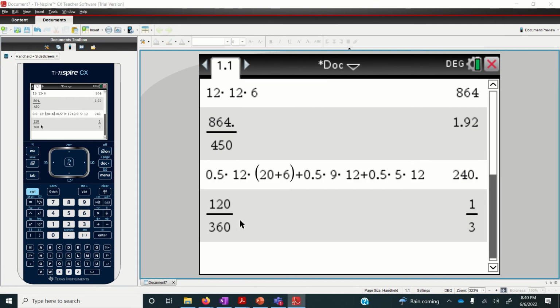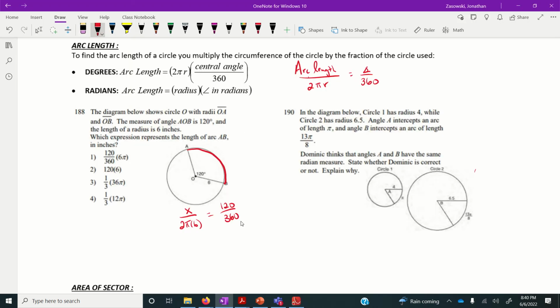So 120 over 360 is just a third. So this is equal to 1/3, and this becomes x over 12 pi. And so if we just cross multiply and solve, we're going to get 3x is equal to 12 pi. So 3 times x, 12 pi times 1, okay? And then we divide by 3 to get x by itself. Ooh, that should be a pi, not an x on the 12. Got a little too x-happy there.